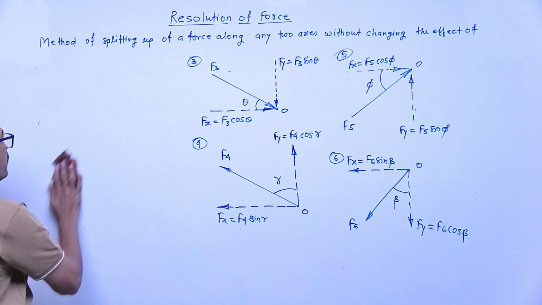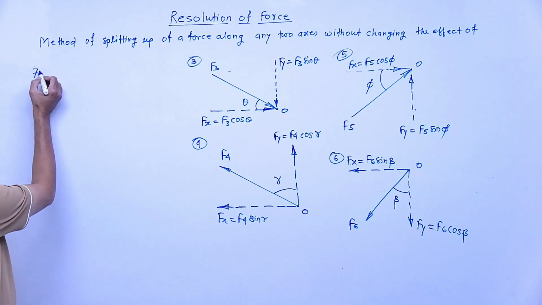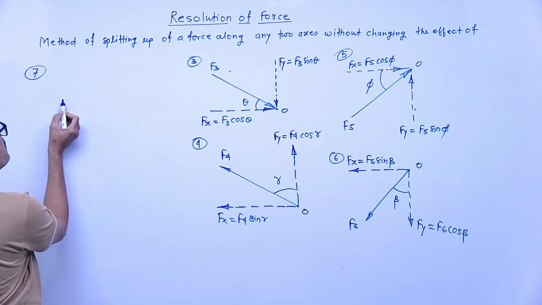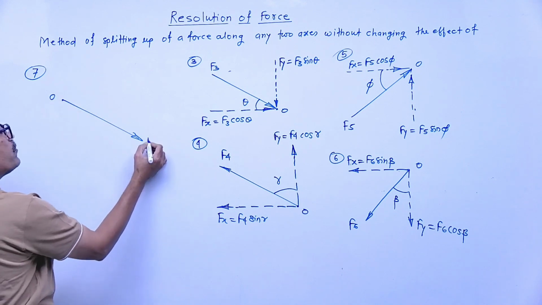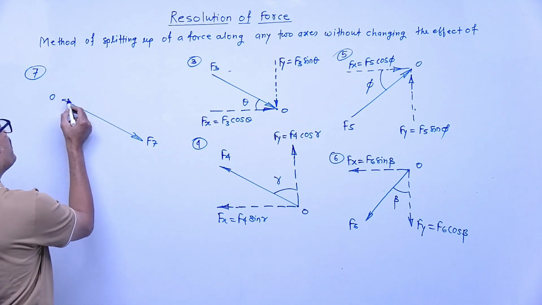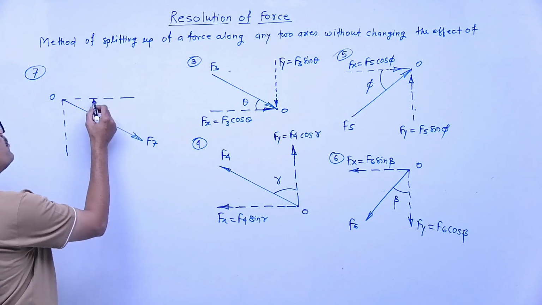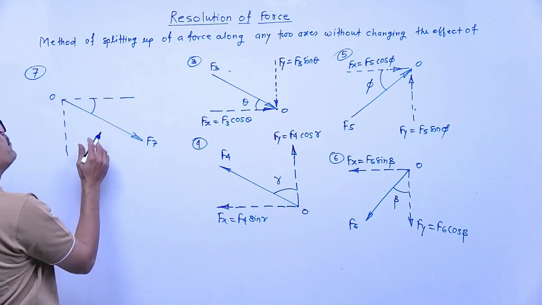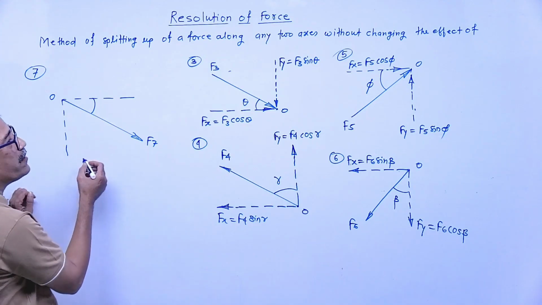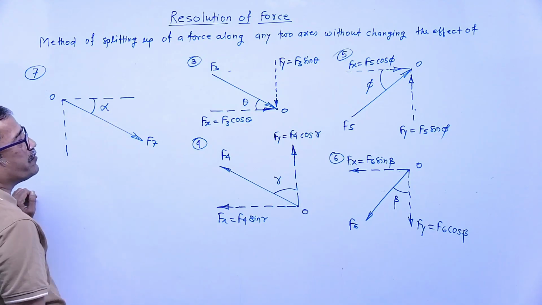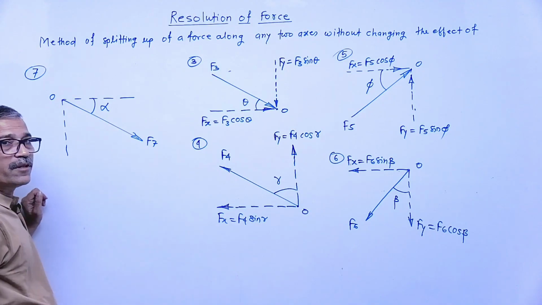Now I'll represent force in the last quadrant, the fourth quadrant, right? In the fourth quadrant, this is case number 7, where force is acting away from the point O. Force is F7. This one is horizontal, this one is vertical. Angle is given with horizontal, alpha.